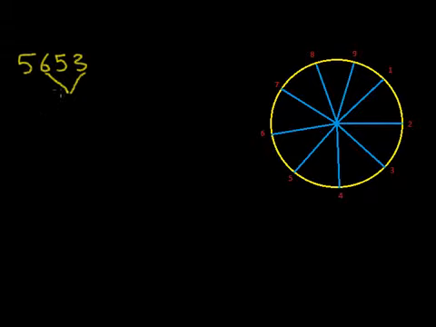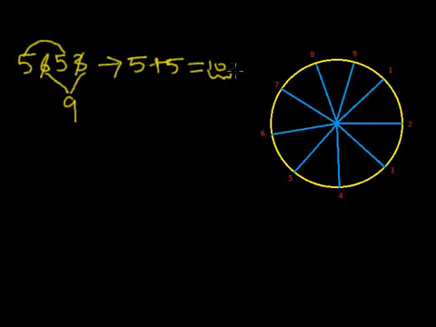So it's a good idea to drop all the numbers that add up to nines, or the nines themselves. If you observe, 6 and 3 add up to 9. So we could ignore them and consider only the numbers that are left out, which is 5 plus 5, that's 10, and the digit sum of 10 is 1.